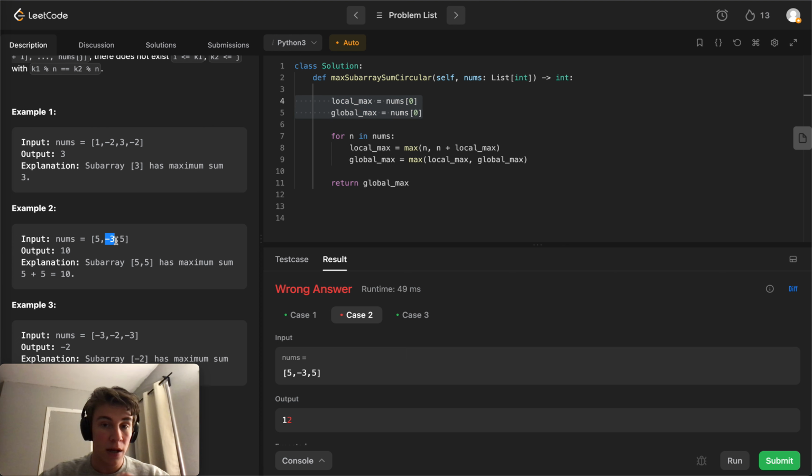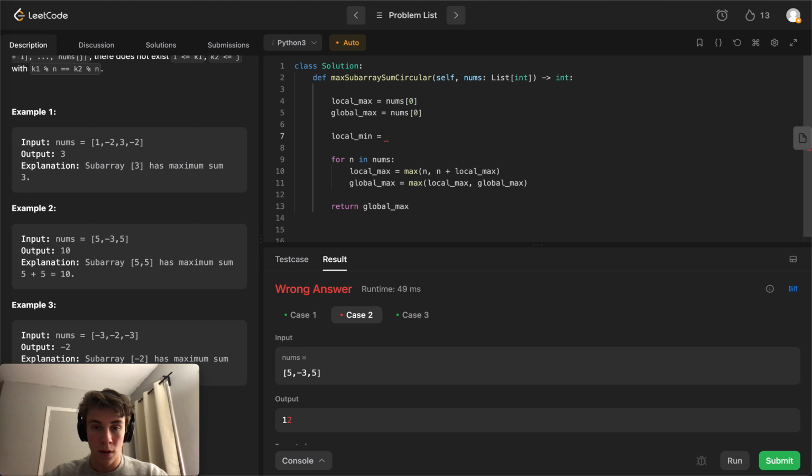Well, the minimum subarray, in the case that it is overlapping, is going to be the number that is directly complementary opposite to the max in the case that the max is wrapping around. Let's call this local min. Sorry, global min.